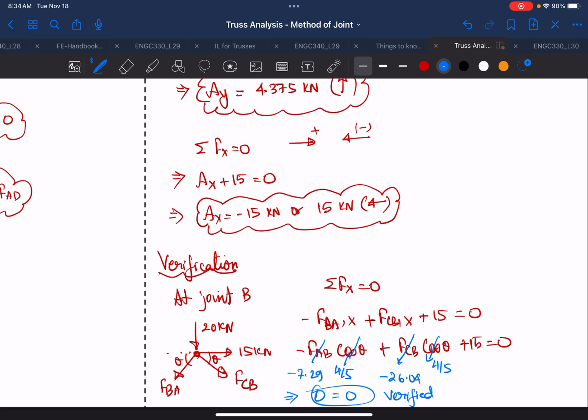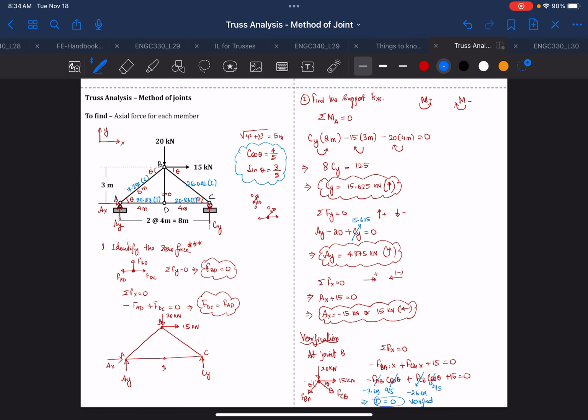So which means that all the values that you have calculated for your member forces are correct. So with that, I hope that you will have some clue on how to apply method of joints in truss analysis. Thank you.